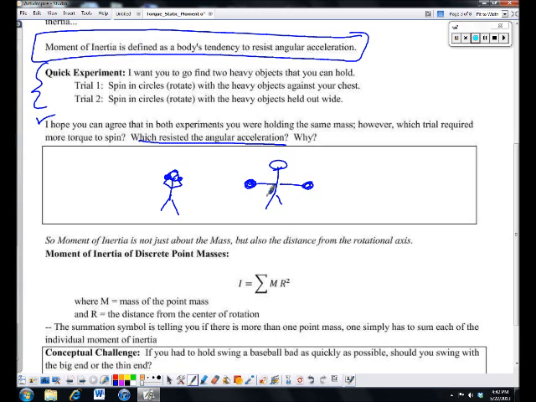And what I hope you recognize was that the distance from your axis of rotation, when you swung your arms way out, was much greater than when your arms were close in. The radius was almost 0.